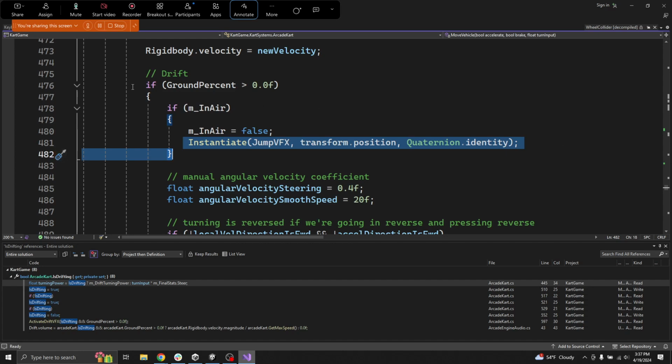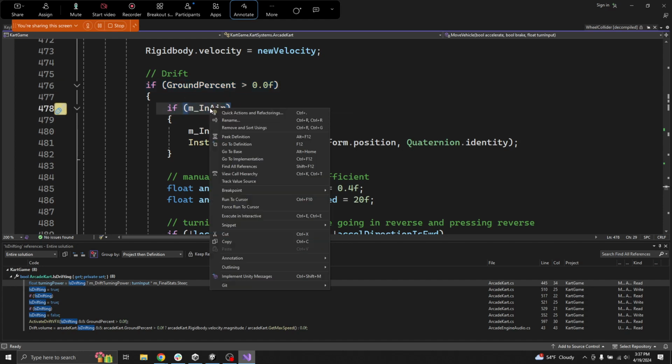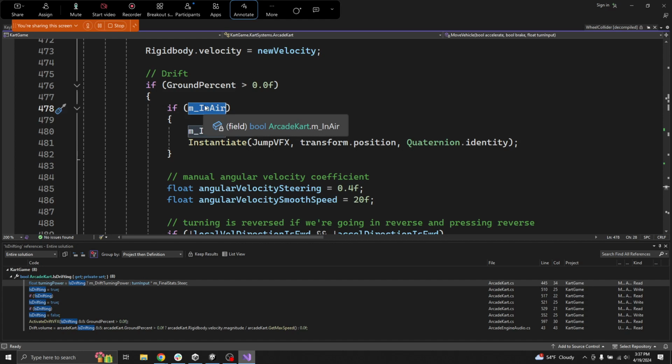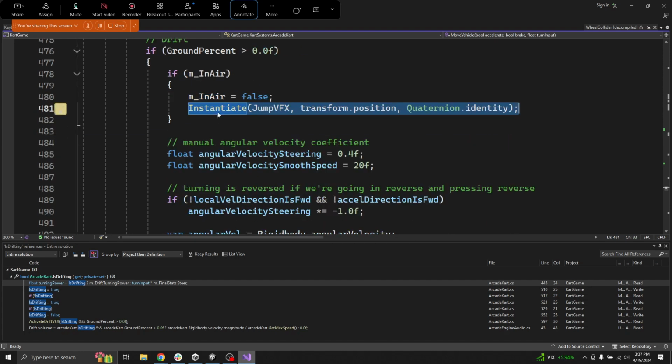So if we have at least one tire on the ground and something did a check that said we're in the air now, whatever that calculation might be, then at that frame that this is true, maybe three of the tires left the ground and there's just one remaining or whatever the check is, let's set this to false because we just instantiated. We don't want to do this again next frame.